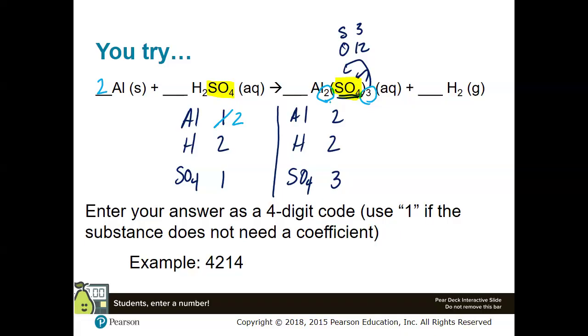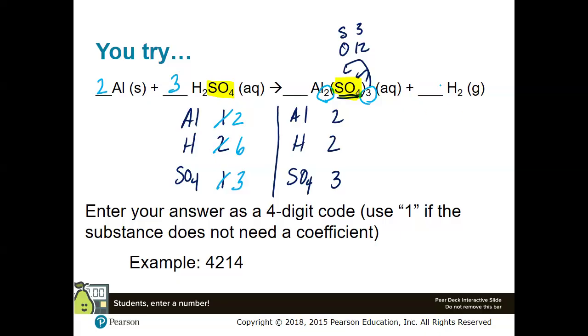And I'm going to need 3 sulfates, so I need 3 sulfuric acids to do that. Now, in that process, my hydrogens went from 2 to now it's 3 times 2. 3 times 2 is 6. So everything is now balanced other than the hydrogen.